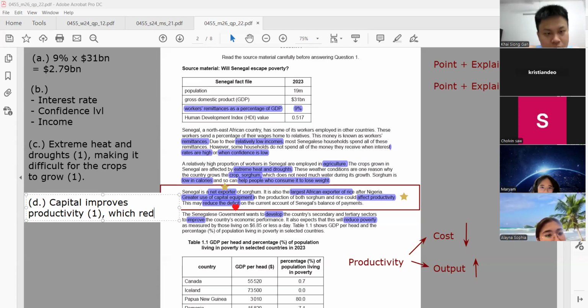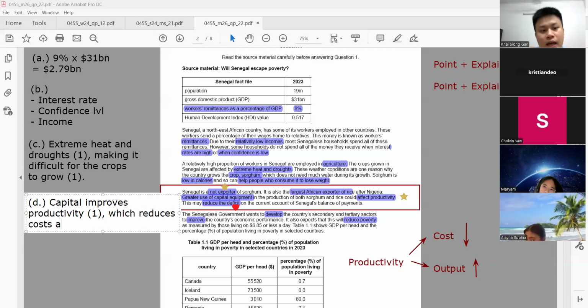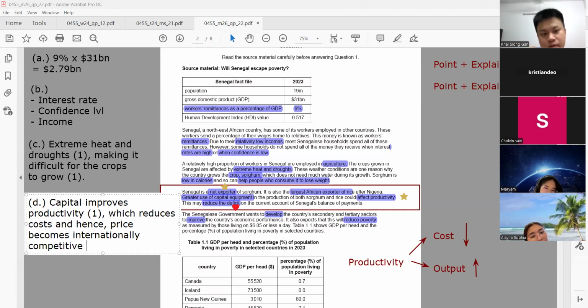Which reduces cost, and hence cheaper, and you can talk about local price become more competitive, and hence price become internationally competitive.